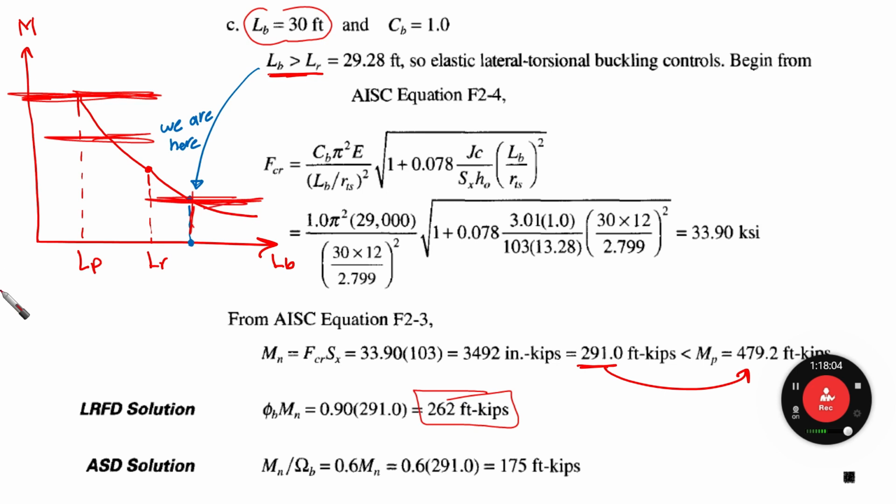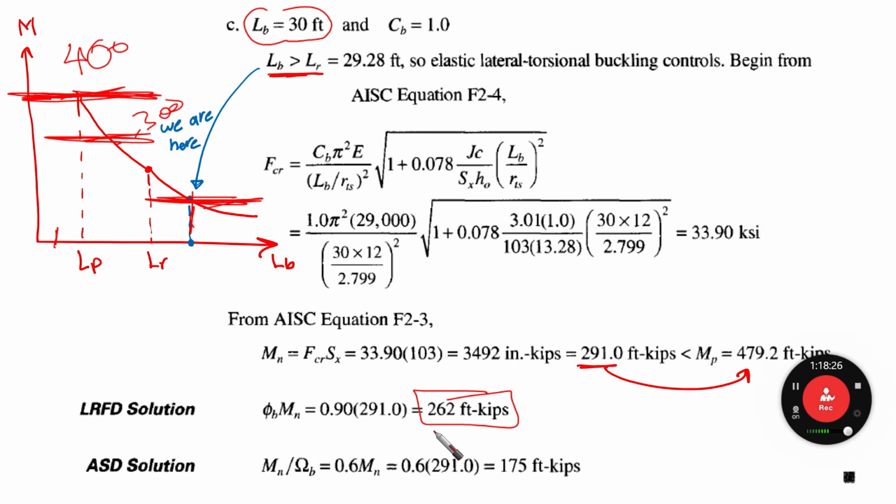This gives you an important understanding of the contribution of the unbraced length. If we have a small unbraced length, then our capacity is almost, it was like 400 something, right? Here, it was 300 something, right?